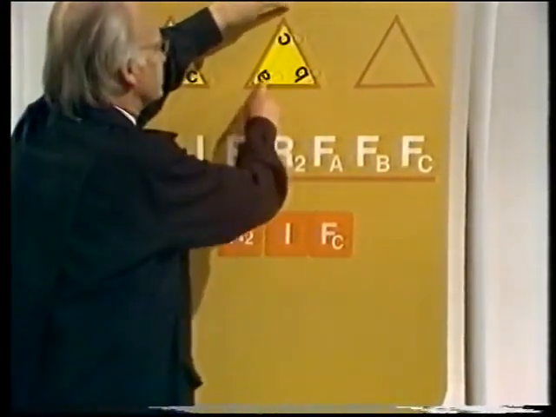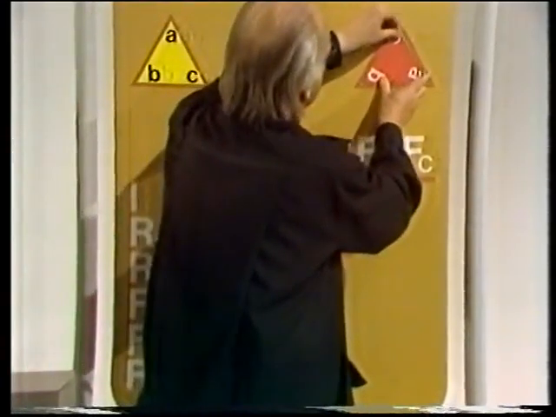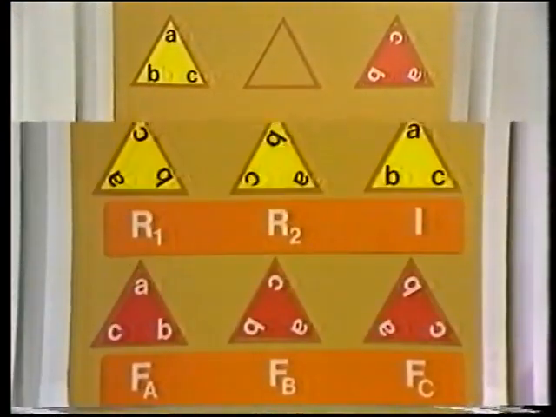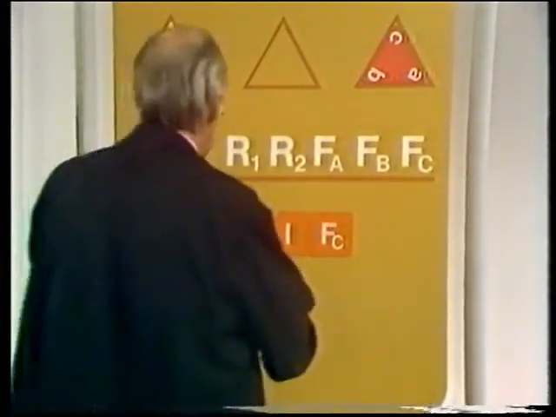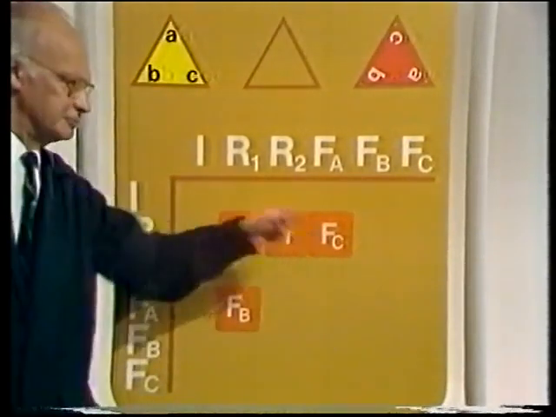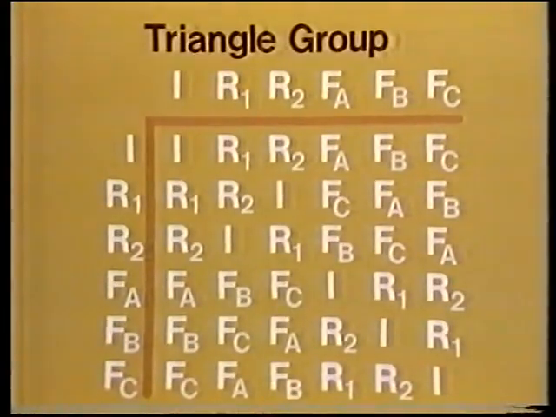It's got nothing to do with this. Here we go. And that, well, what is it? I think it's flip B. Two different transformations. Well, I'm not going to do any more. You can fill it in for yourself afterwards.